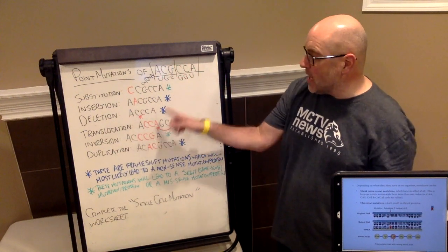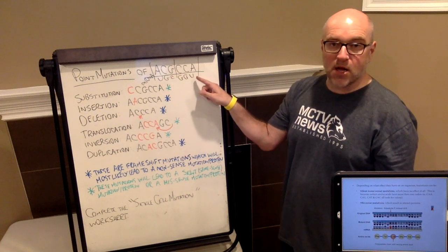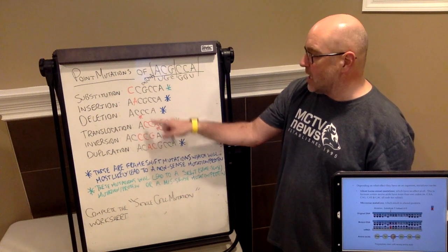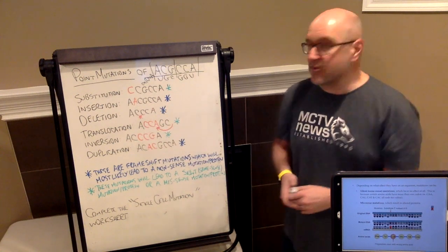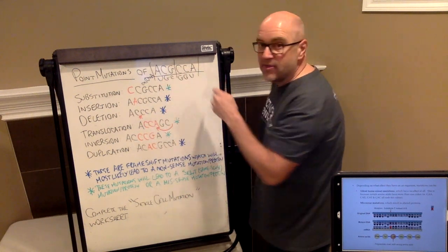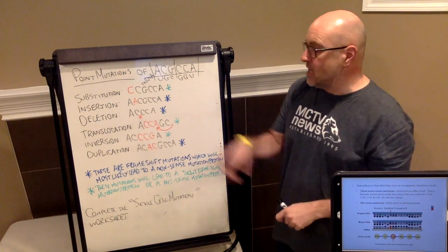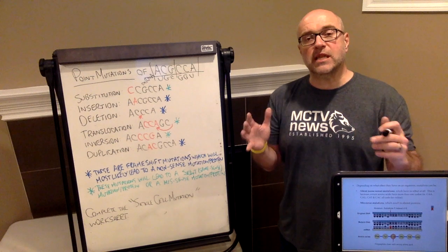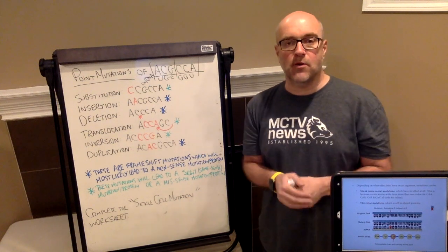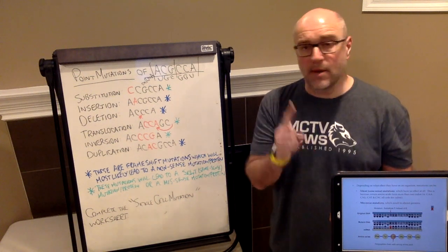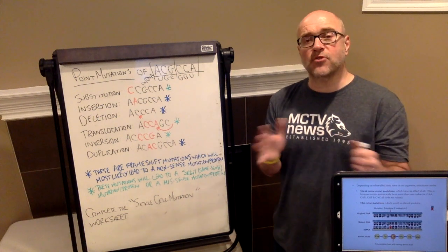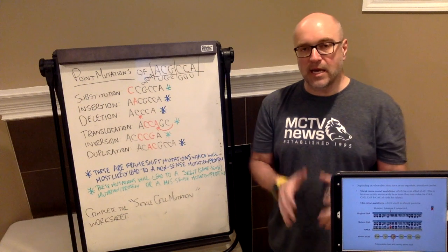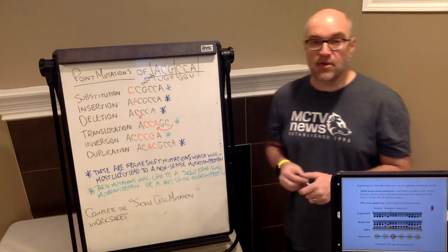Now, if you want to go in and see what the mRNA codons are for my new mutations for inversion or for translocation or substitution, you can see for yourself that they're going to be different than the amino acids that I originally had told you were going to be coded for off that section of DNA. So what we're dealing with now is a protein that maybe has 2 amino acids that are different, or maybe only 1 amino acid that's different. The protein is most likely still going to function, but it's going to function in a slightly different way. I'm going to give you an example of that here in just a couple of minutes.